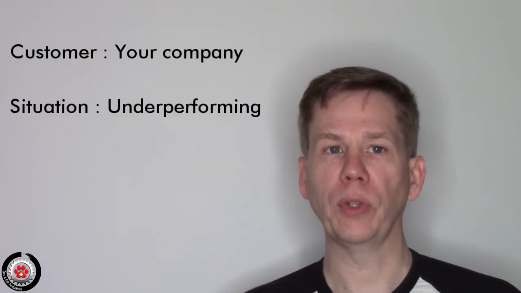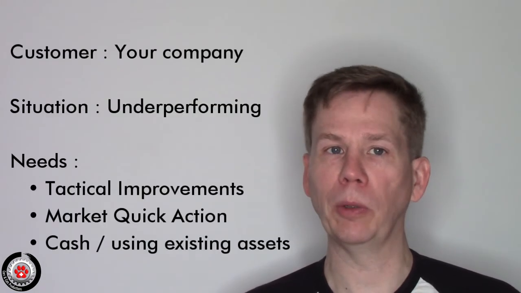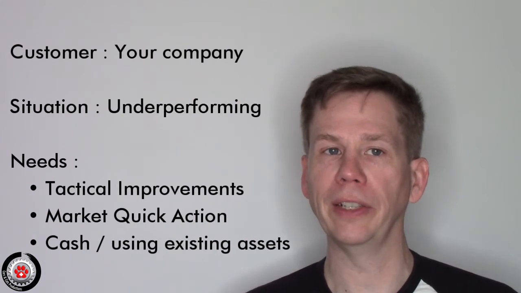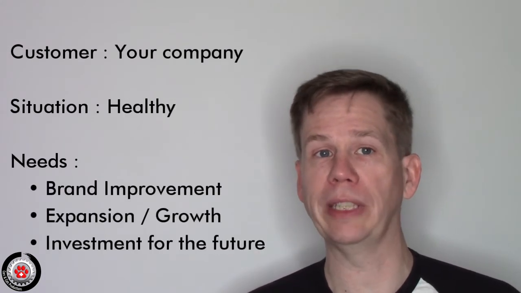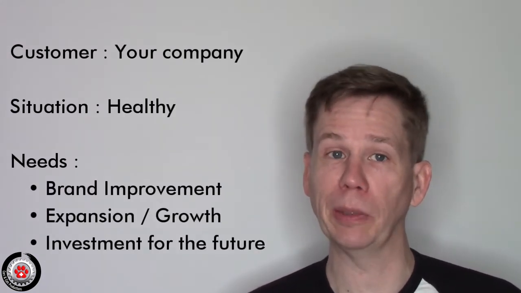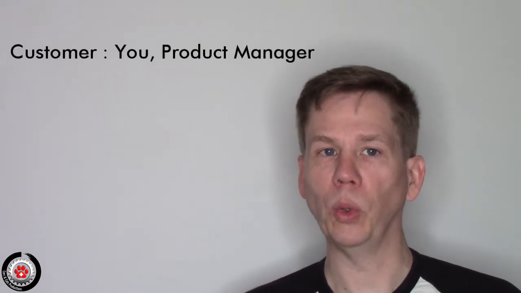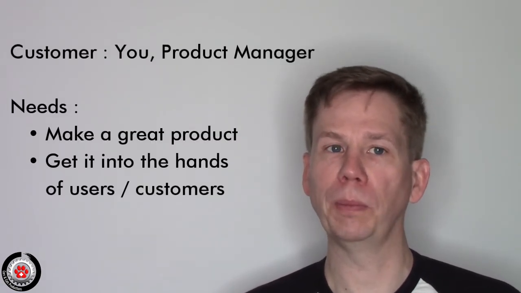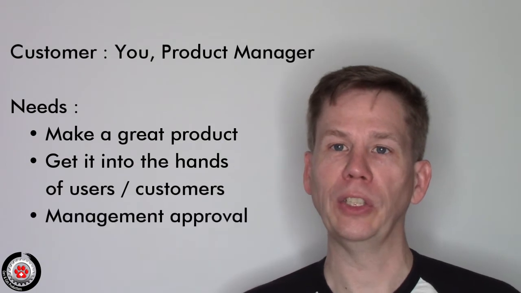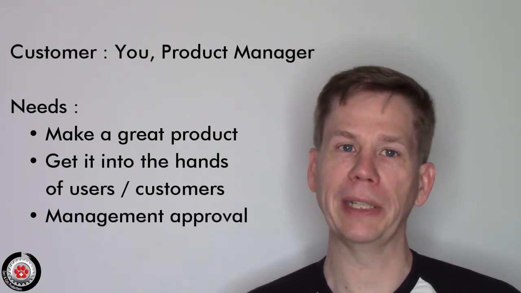So if your company is doing badly in one area, they probably won't approve a new product in that area. If the company's doing well, they might be willing to take more interesting risks as an experiment. And what you want is the resources to get your product built. So you need to understand your customer, in this case the management's mindset and motivations.